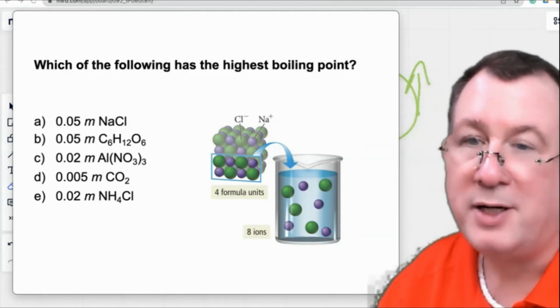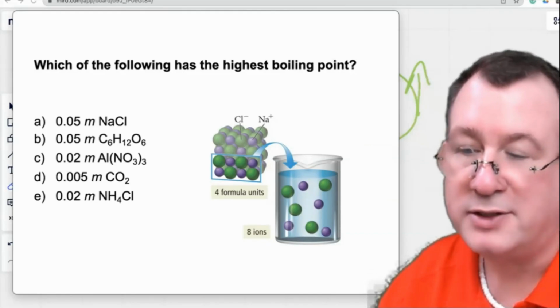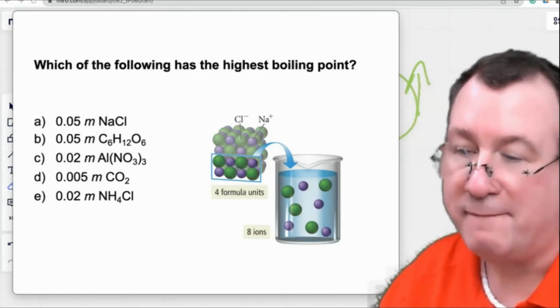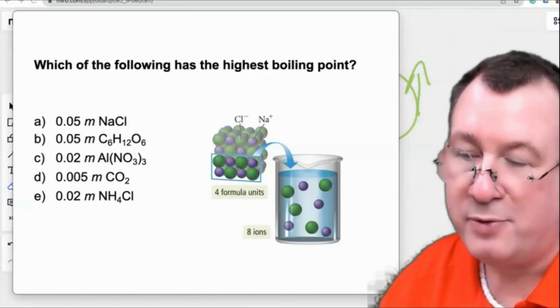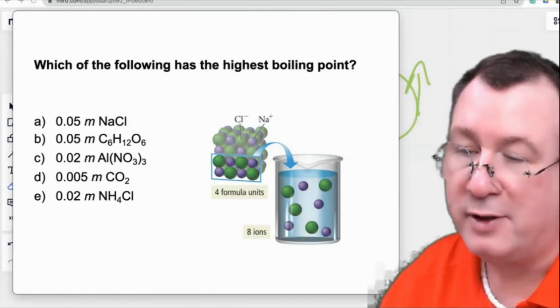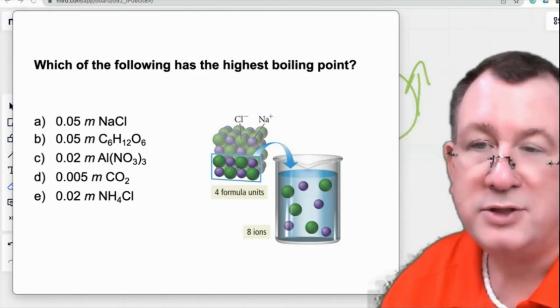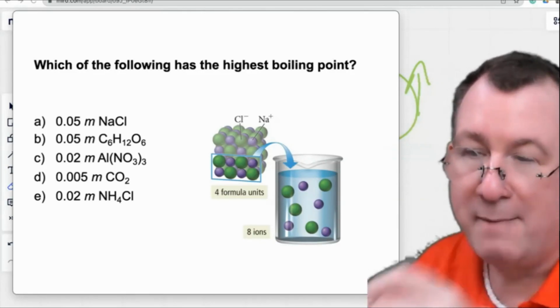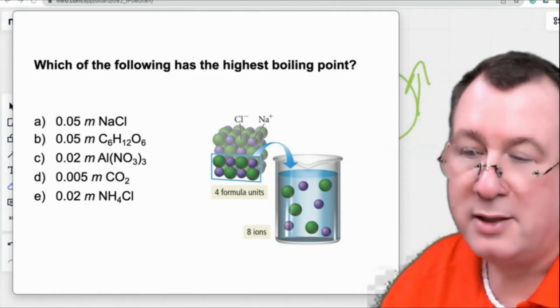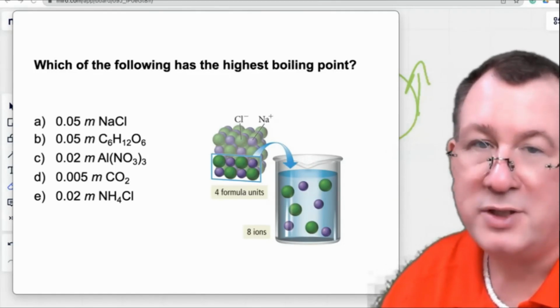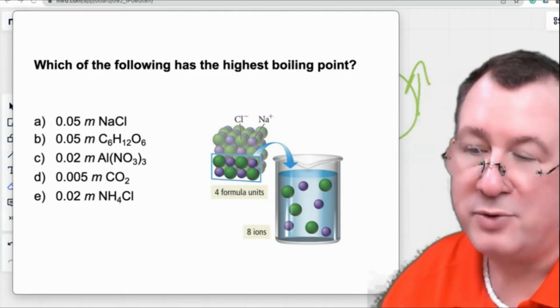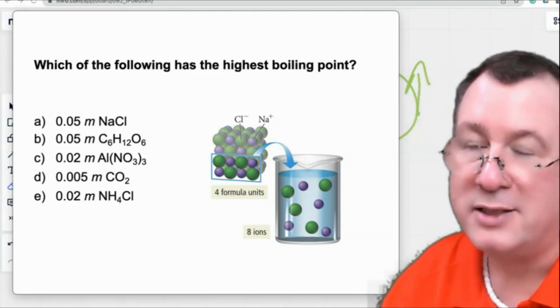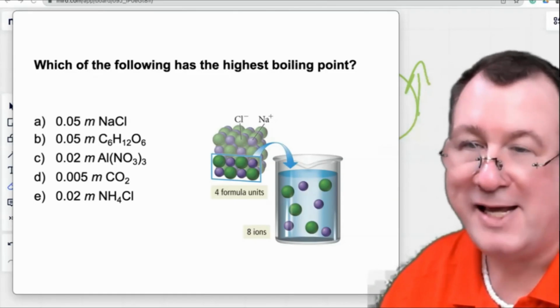Ammonium is one of the polyatomic particles that you're responsible for. It's the only polyatomic cation. So that would be 0.04. C would be 0.08. That's winning so far. But which one of these solutions will give you the most particles? I'm betting on A. Do you see A? Sodium chloride, the Van't Hoff factor is only 2, but it starts with 0.05. So that one's going to be 0.10 molal in sodium chloride. Yeah, Salvador, you got it.